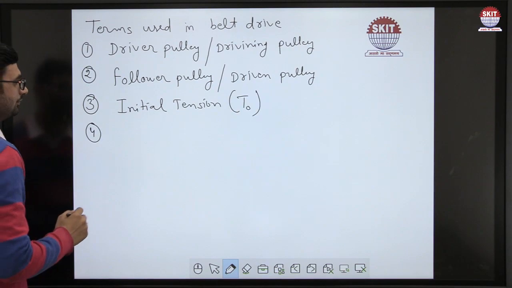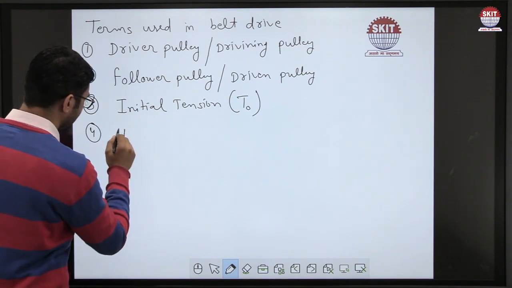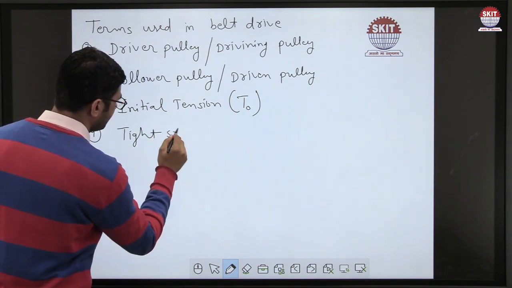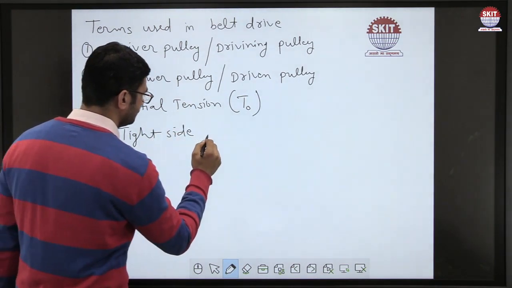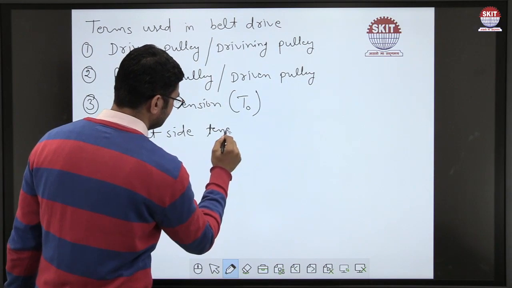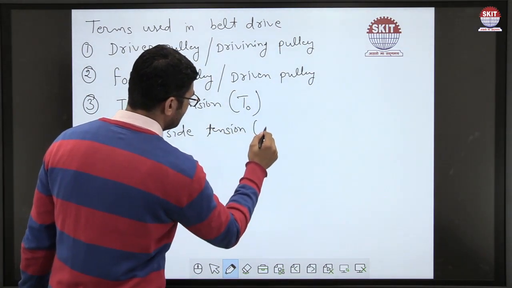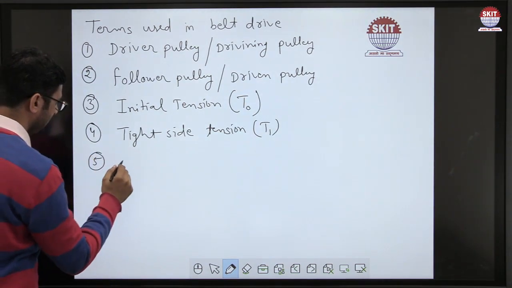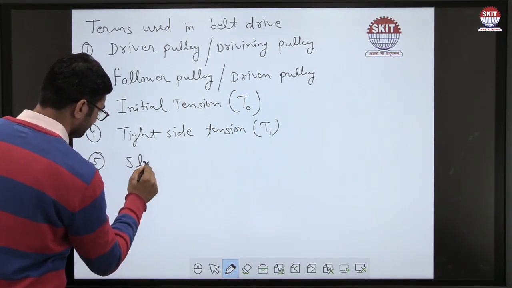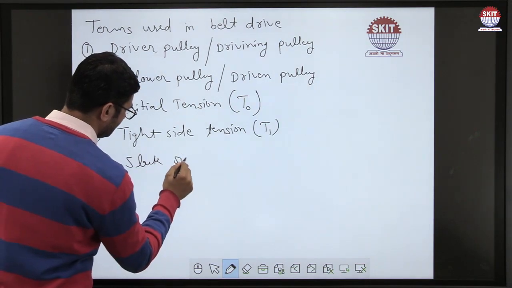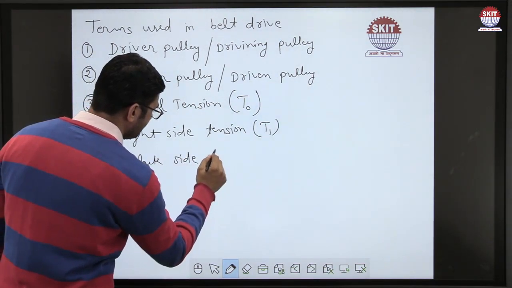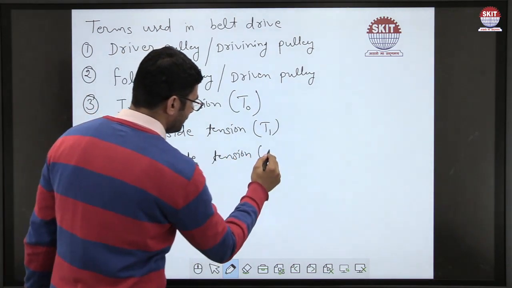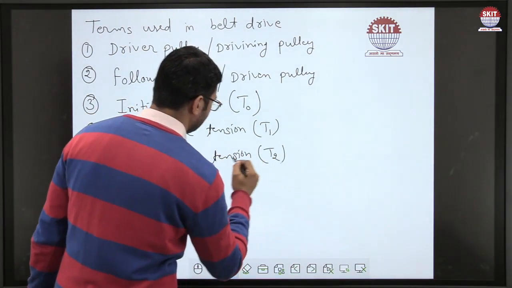Fourth is tight side tension, which is denoted by T1. Fifth is slack side tension, which is denoted by T2.